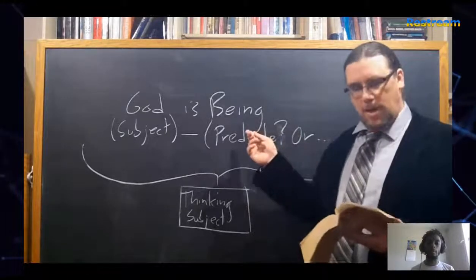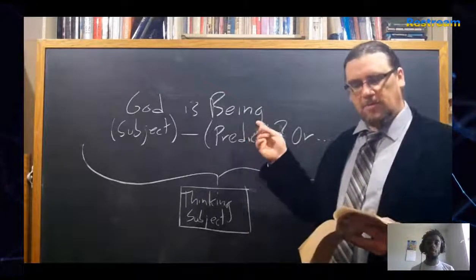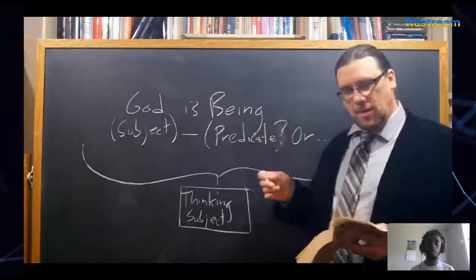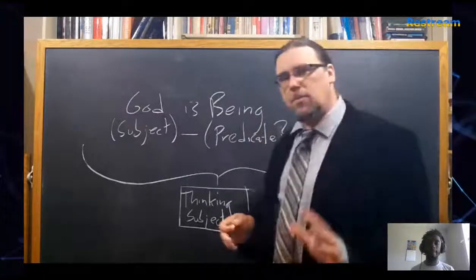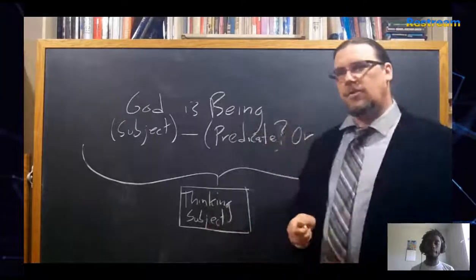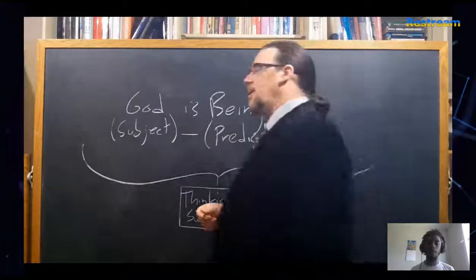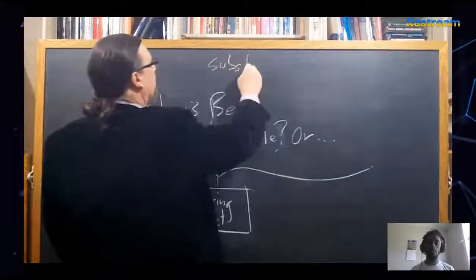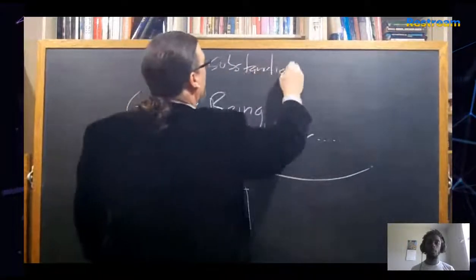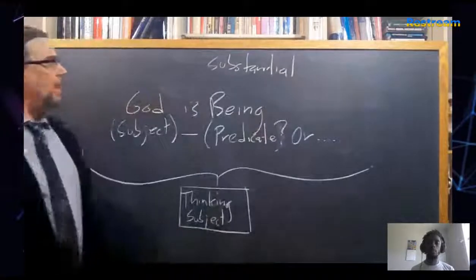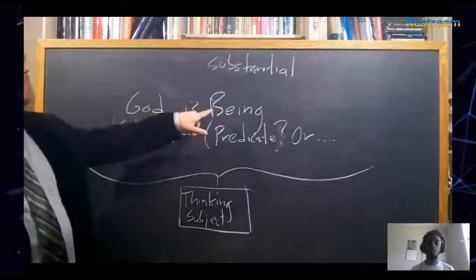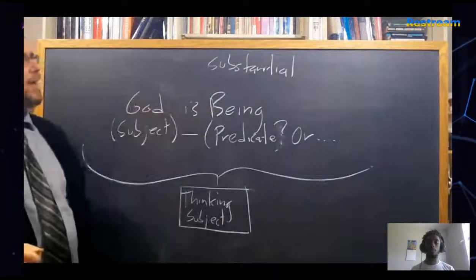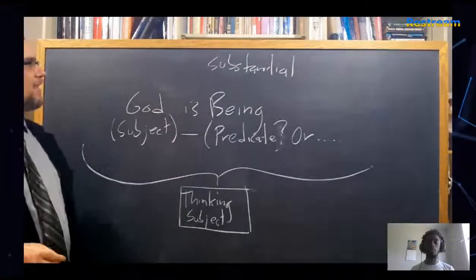Being as the predicate has the significance of something substantial in which the subject is dissolved. So I'm going to put a number of things up here, just adding to our understanding of what Hegel's saying. Being here is something that is substantial. It's saying God is a kind of thing, a kind of substance, whatever being happens to be in the fullest sense.